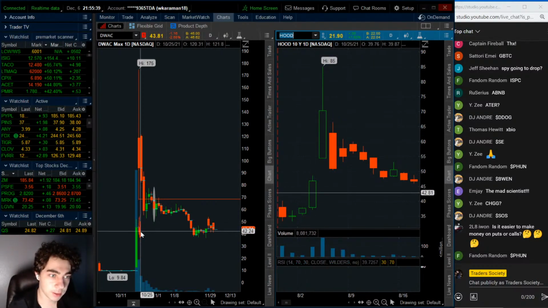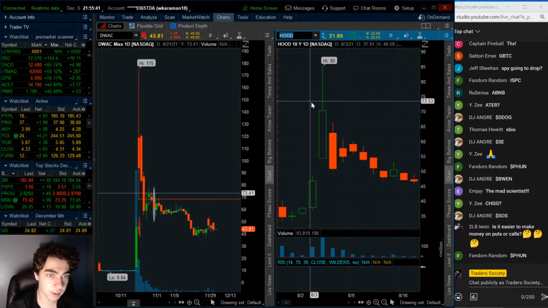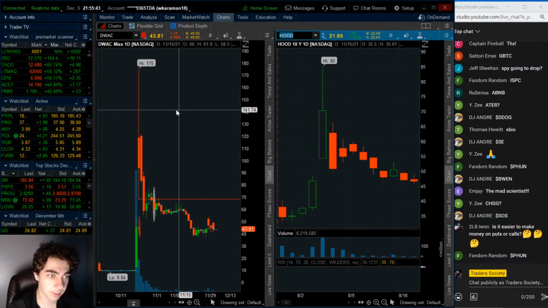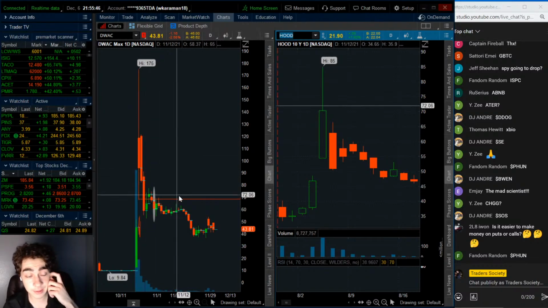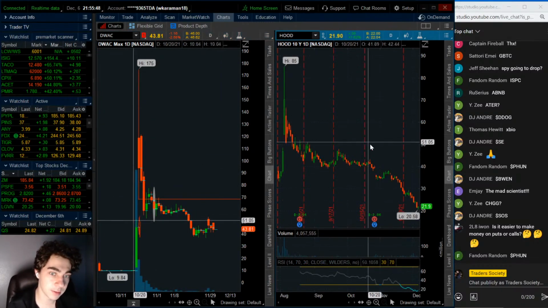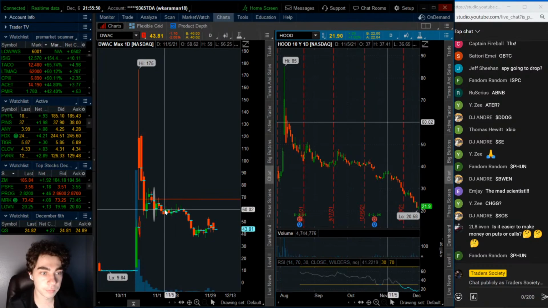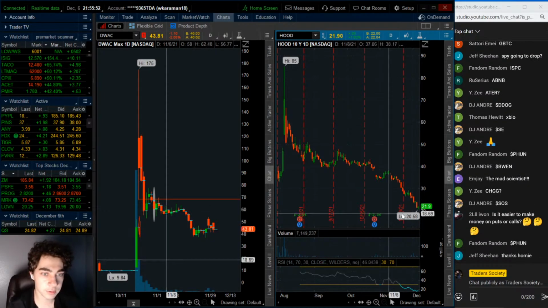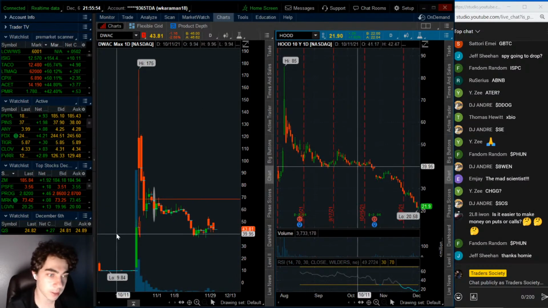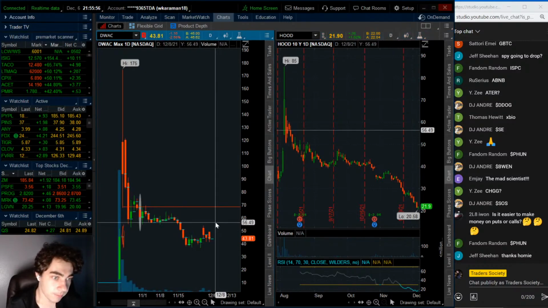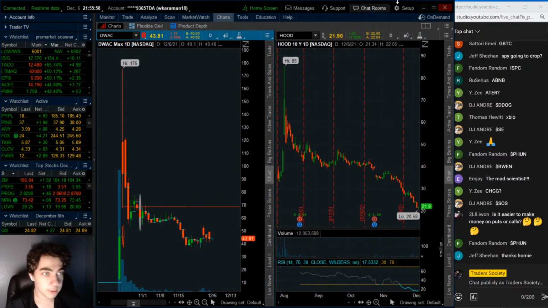And then big green day, massive gap up. That's the all time high. And then ever since, it's just been a downhill slope consistently. The only difference is DWAC hasn't been pushing for new all time lows. But just don't do anything with these ones. Really gotta wait.